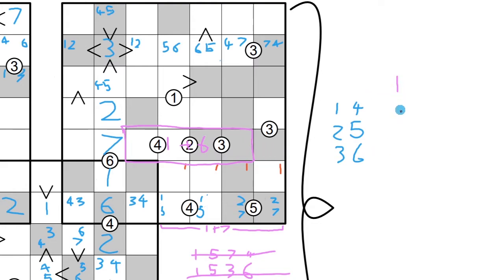So 1, 4 is fine. 2, 5 is not. 5, 2 is. 5, 2 is fine. 3, 6 is not. 6, 3 is. So for each of those, we have one direction it could go.